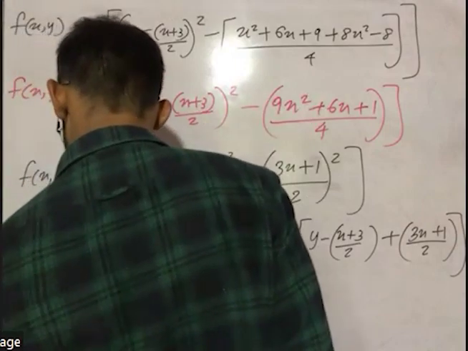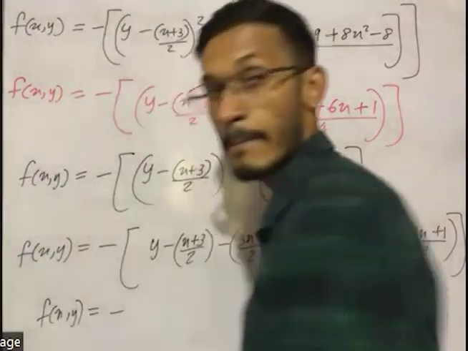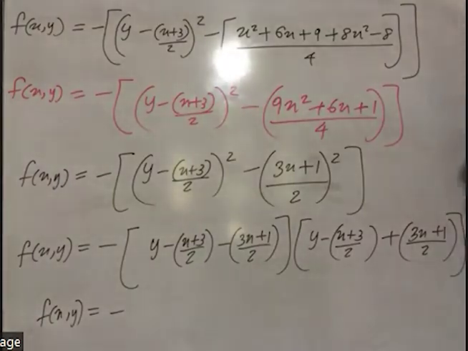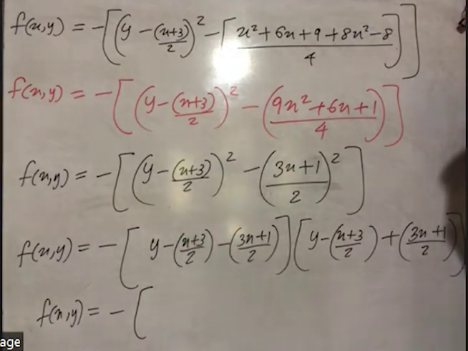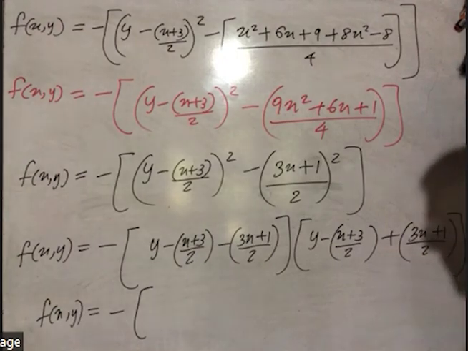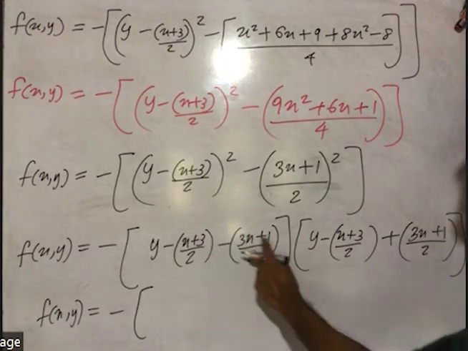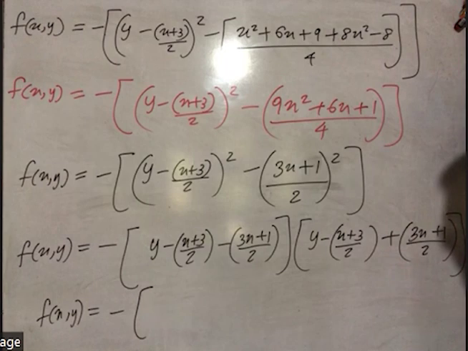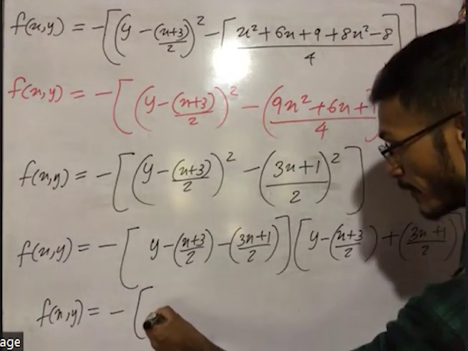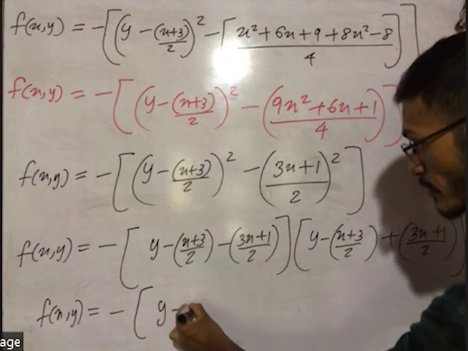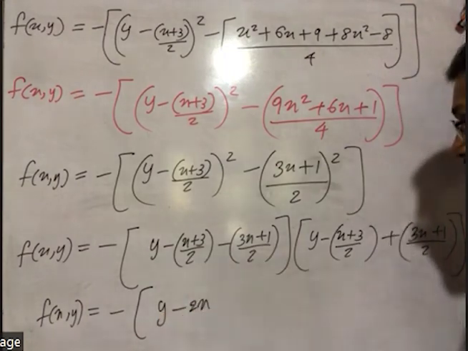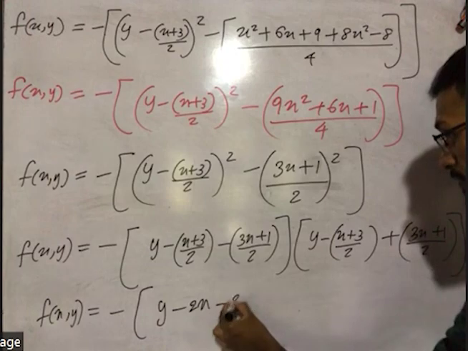In the first, we have minus x minus 3 minus 3x plus 1. So minus x minus 3x means minus 4x. Here minus 3 minus 1 means minus 4. If you divide by 2, minus 4x divided by 2 means minus 2x, and minus 4 divided by 2 means minus 2.